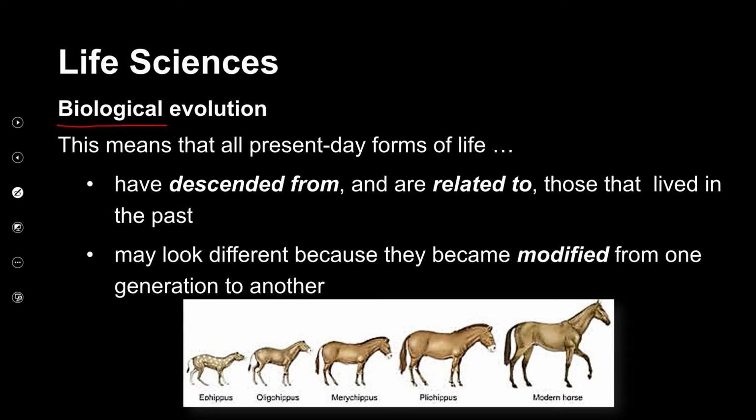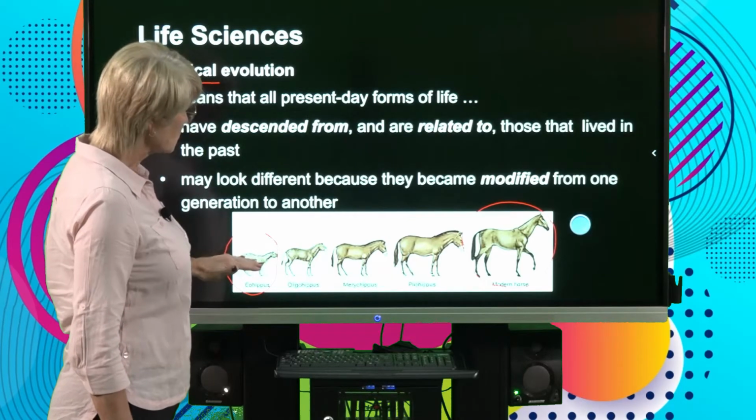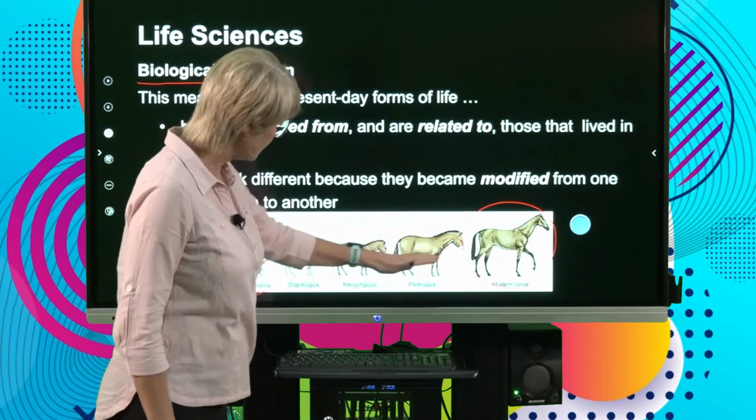If we have a look at the diagram here, this again is a good example. We see evidence of how the modern day horse that we know has evolved. This modern day horse is related, and it came from this organism here at the beginning. In other words, it has descended from this organism and is related to all of those that have lived in the past.